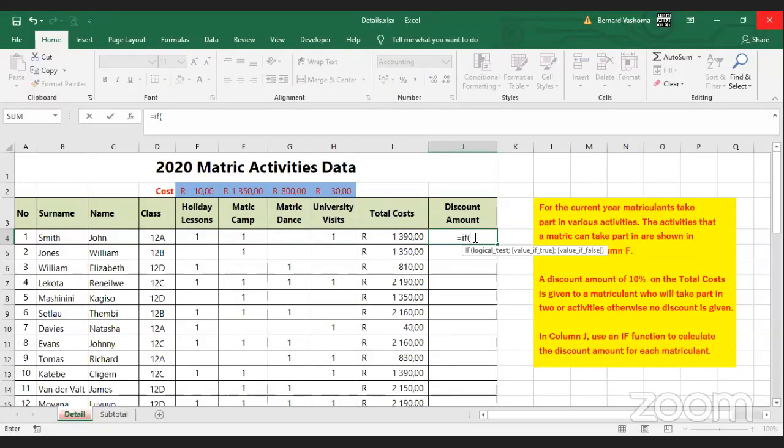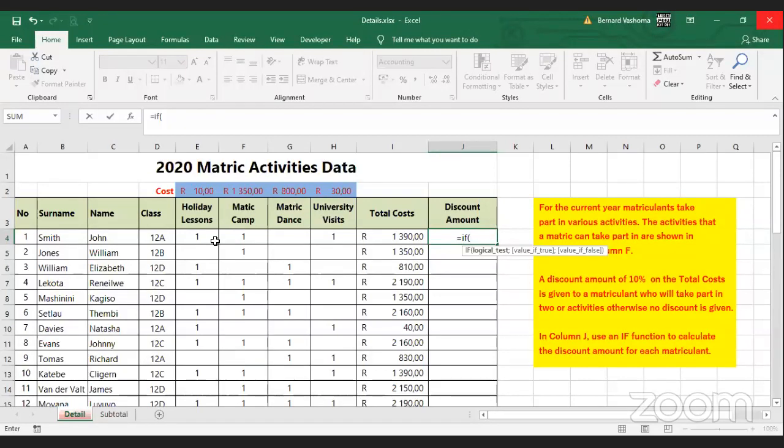We want a function that is going to tell us how many activities are available from column E to column H, right? How many functions can do that? We can use the sum function to add up all these numbers. Remember, this is the first part of our logical test. Or we can actually use the count. Remember, there's the count and the counter. The count counts numerical values.